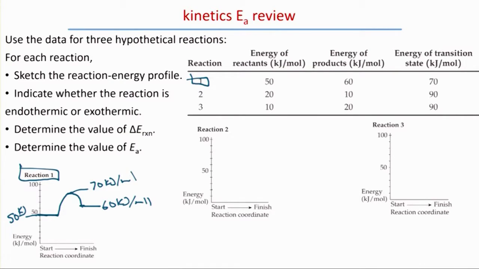All right, so just by looking at this reaction, is it exothermic or endothermic? And here you want to find products minus reactants, and that will be our change in energy for the reaction. You can see that the products finish higher than the reactants, so this should be endothermic.